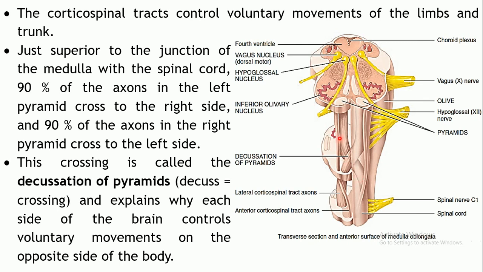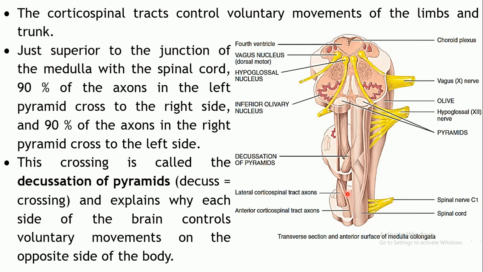What is happening? Now corticospinal tracts will be present on both sides, right? Remember the spinal cord is divided into two halves. The right half controls the right hand side of the body, and the left half of the spinal cord controls the left hand side of the body.